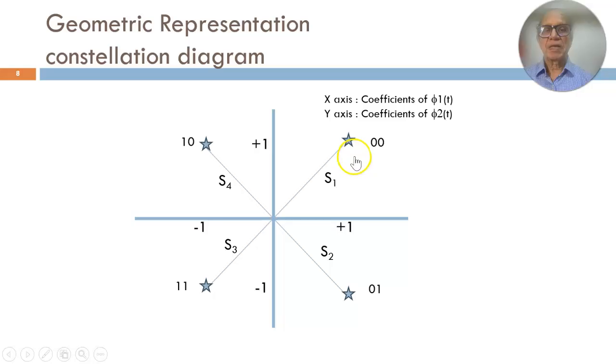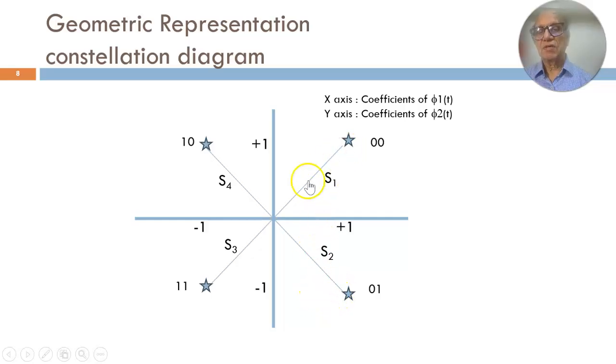Incidentally, note that as you go from 0 0 to 0 1, there is only 1 bit change. And as you go from 0 1 to 1 1, there is 1 bit change. So if noise occurs and by mistake, although S2(t) was transmitted, you decode that S3(t) was transmitted, there will be only 1 bit error.